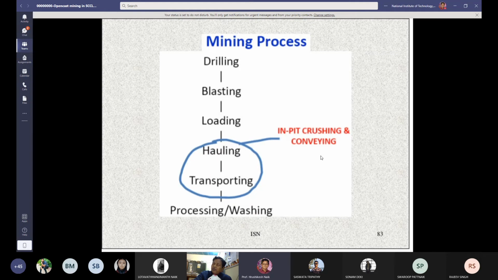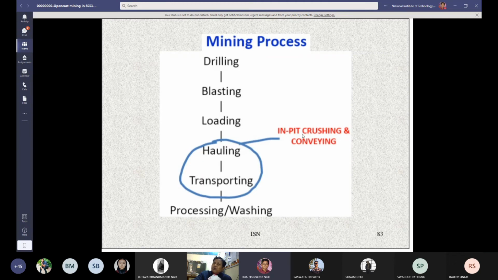Means by a single person, the material can be loaded, the material can be transported, and a huge amount of material can be moved, with a continuous mode of transportation. So there is no need of empty trucks coming for the loading purpose. So the hauling and transportation would be carried out with the help of the in-pit crossing and conveying system.